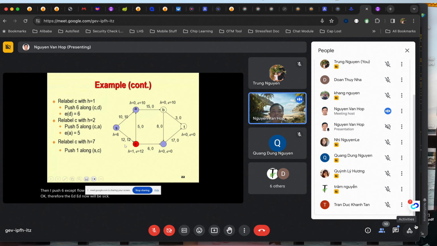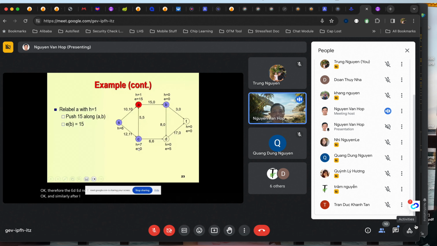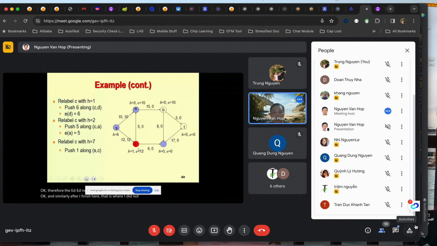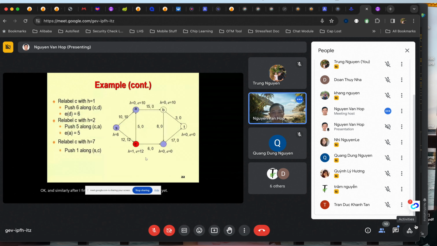And similarly, after pushing 6, I finish here. I did not update here yet, right? E here is 6. Actually, because it takes a lot of time to redraw this, I don't update it. It's 6 here.